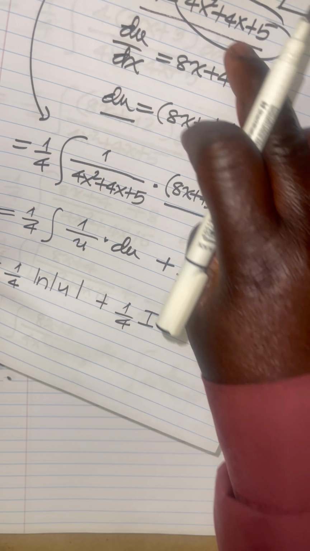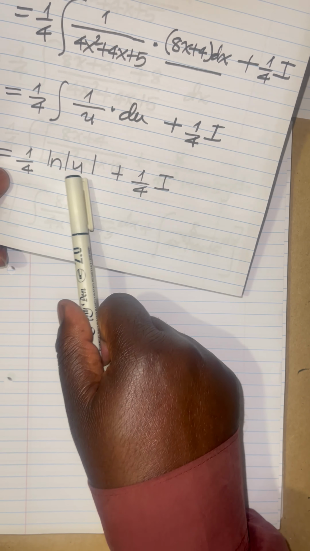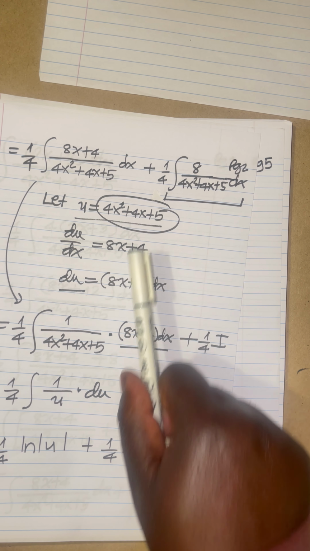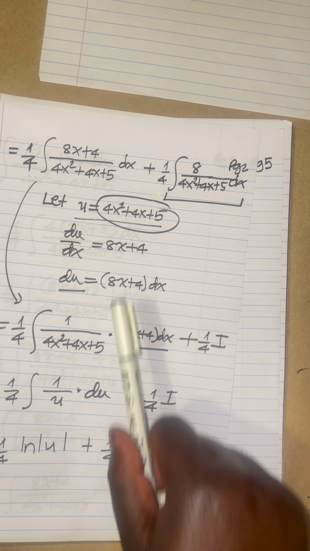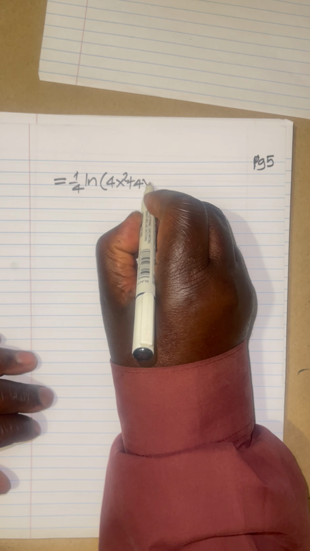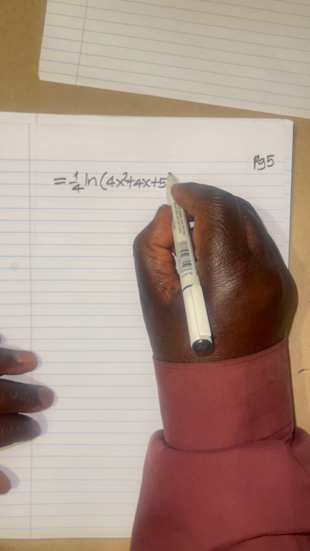So we must take this expression and put it in that place. We take this expression 4x squared plus 4x plus 5 into that place. The question is, are we going to maintain the absolute value signs there? The answer is we will not maintain that. We're now going to say like this, 4x squared plus 4x plus 5. I'm going to show you why that is the case.